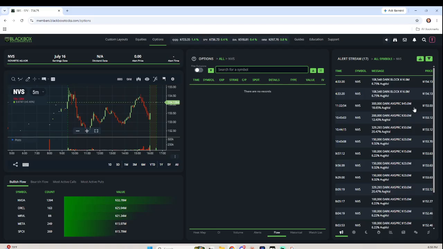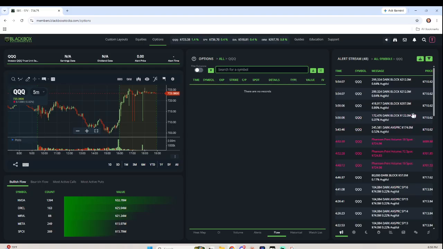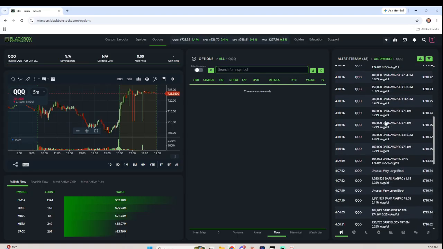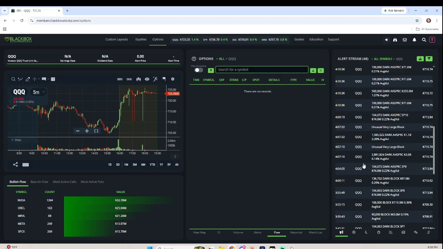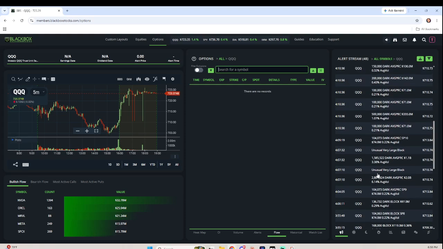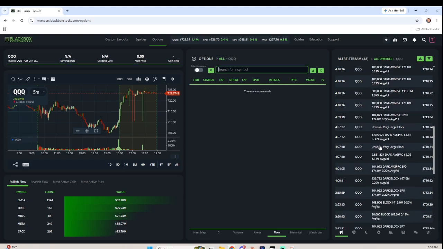So that's what I'm looking at for dark pools. Simply, if you're looking for a large print, you're looking for percent of average daily volume. On the SPY and QQQ, I don't look at anything under 1 million shares, right? I don't care about anything else unless I find out after the fact that it accumulated to something bigger, say they hit the same price 50 times that day and it ended up being 3 billion or something.